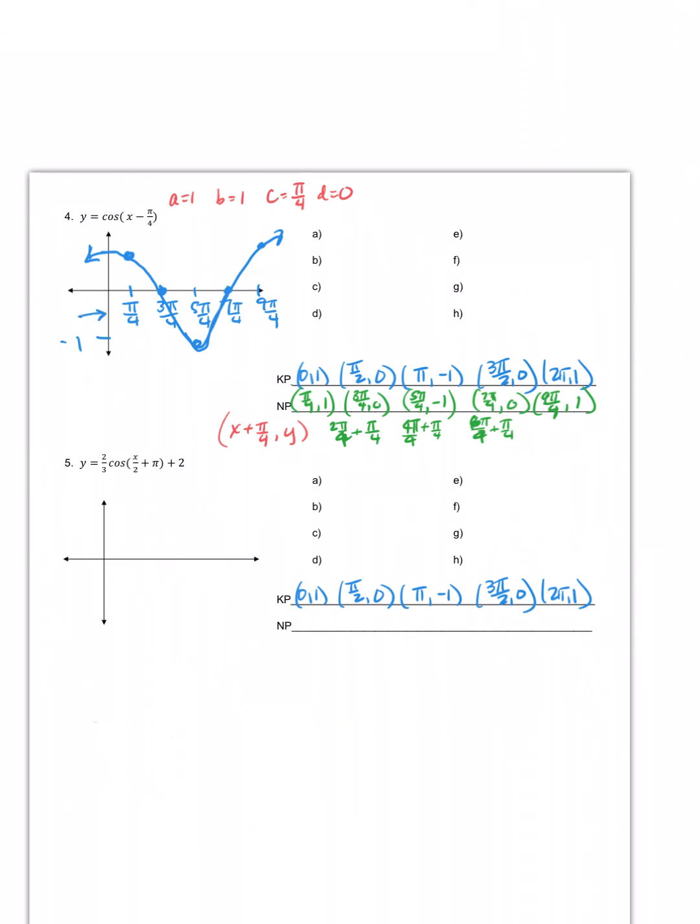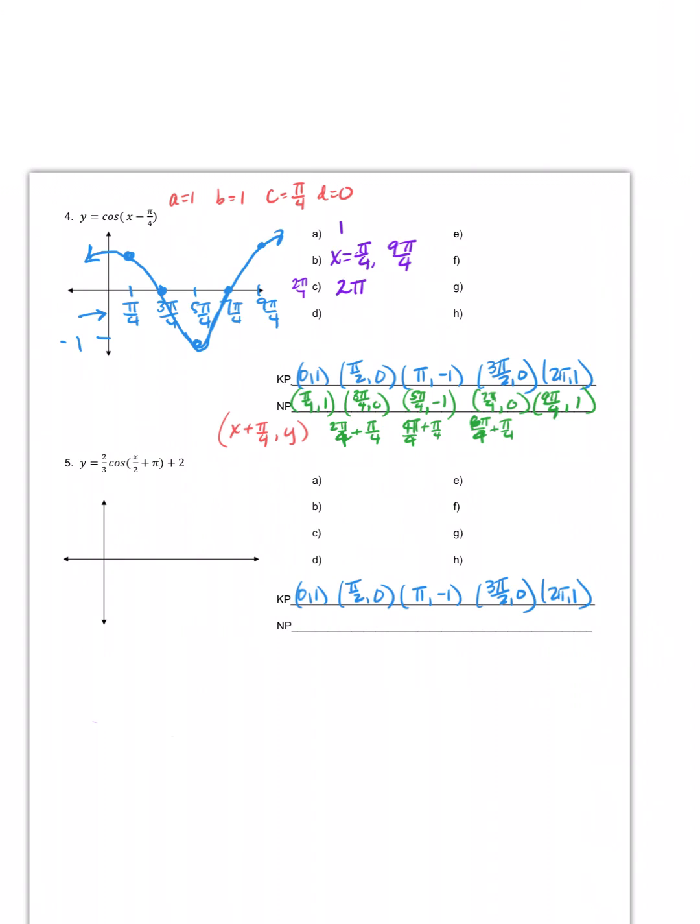Okay, amplitude is just a 1. Where does it begin? It begins at pi over 4, and it ends at 9 pi over 4. If you take the difference of that, you get 8 pi over 4, right? Which is really just 2 pi. That's the length of the period, which should make sense because 2 pi over 1 is 2 pi, right?